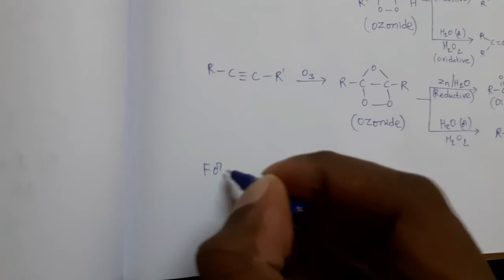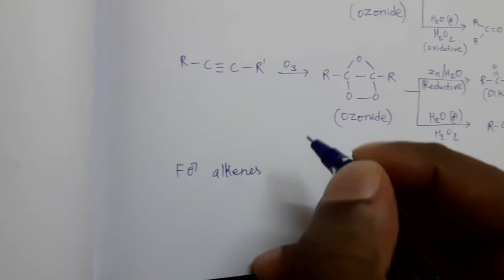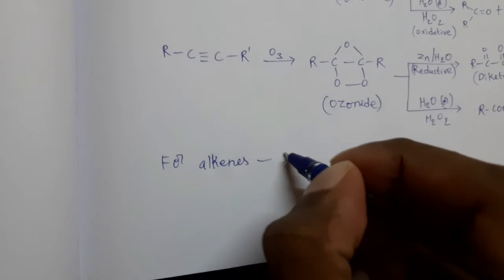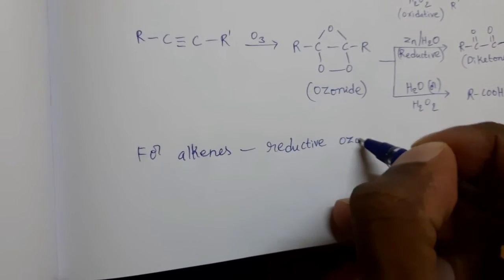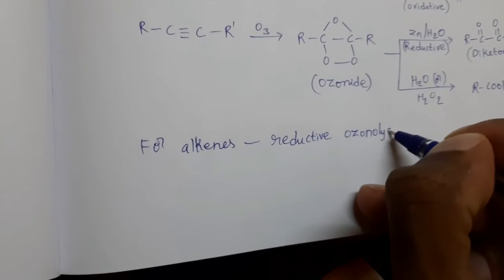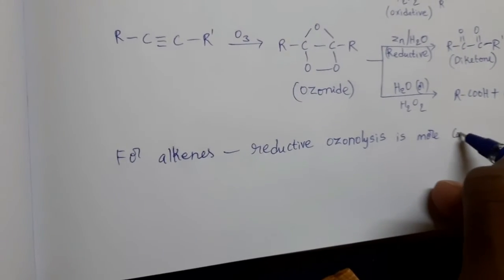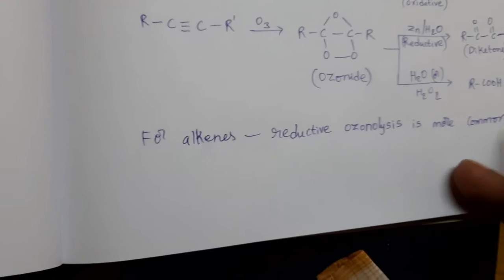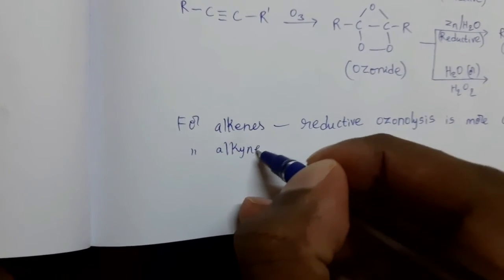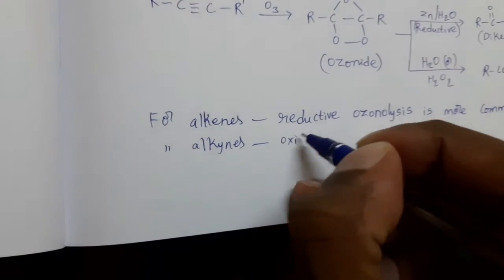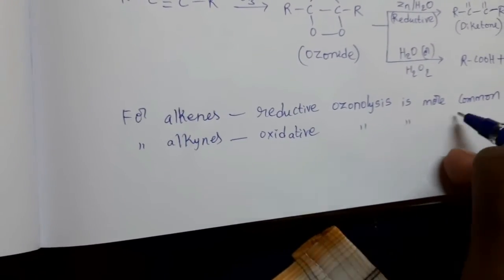For alkenes, reductive ozonolysis is more common, whereas for alkynes, oxidative ozonolysis is more common.